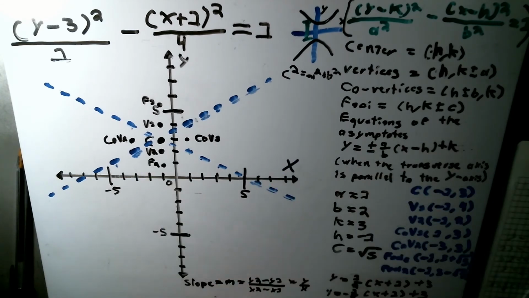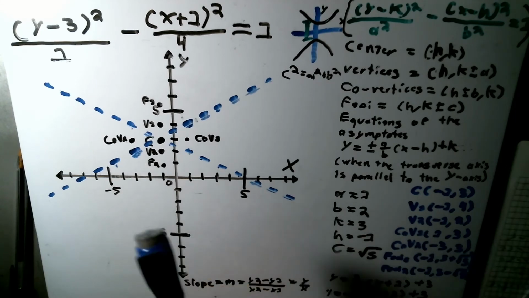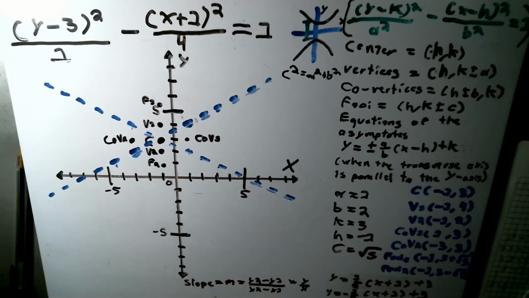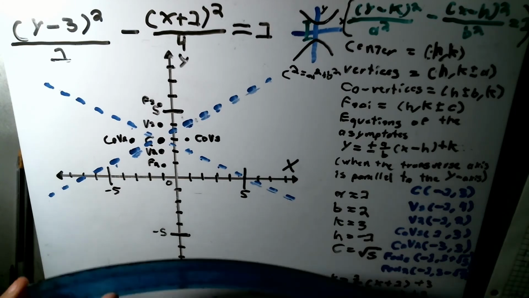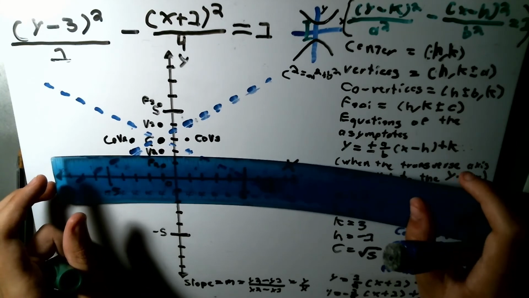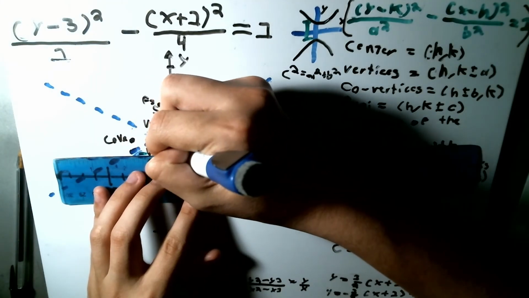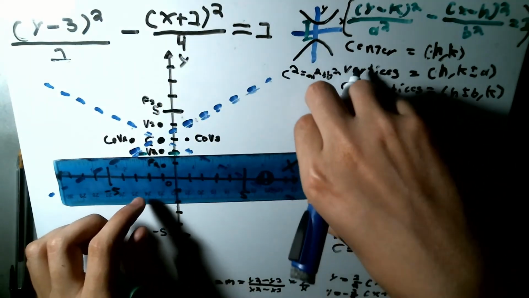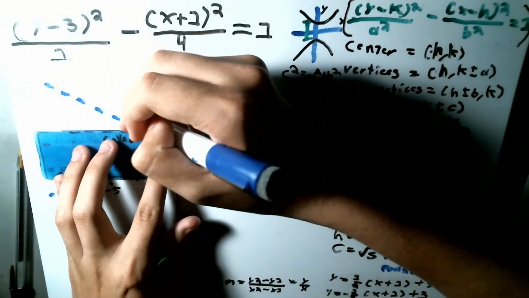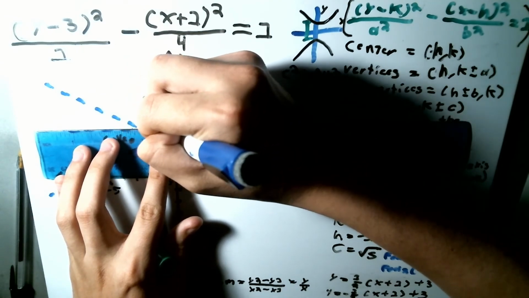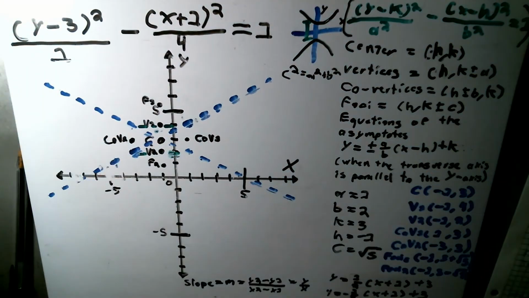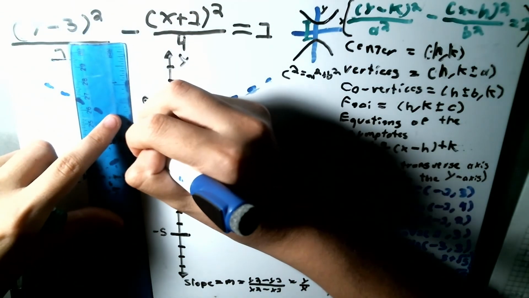You have the center, you have both vertices, you have the two foci points, you have the two co-vertices. What was next?